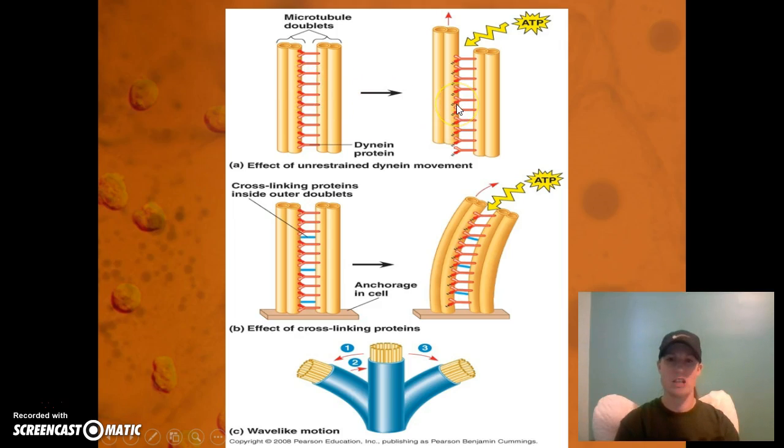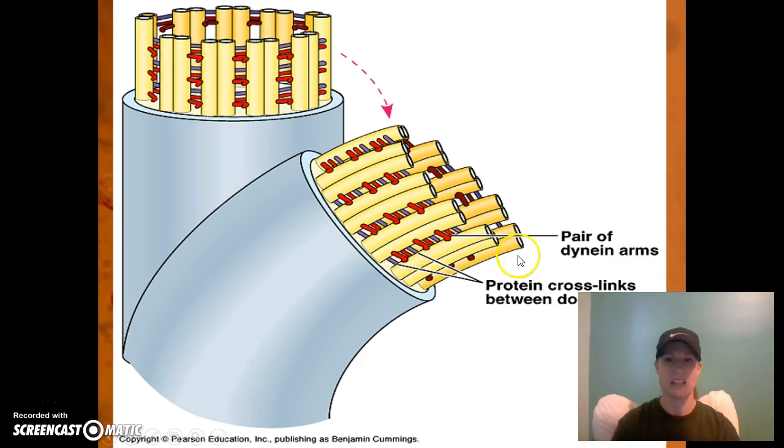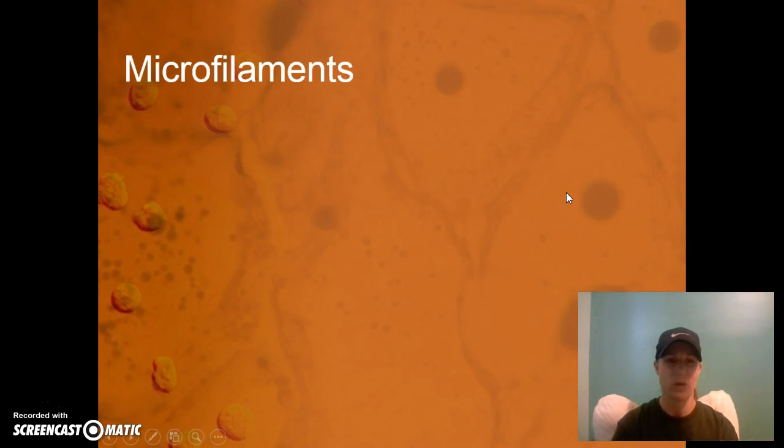One is going to pick up while the other one stays attached and then move. Yes, this takes ATP. This takes energy for this to occur. All right. And so we can see how this walking movement causes the flagella or the cilia to bend and go back and forth. And that's the purpose that we see. And there we also see the pair of dynein arms. And then there are crosslinks between the doublets so that the ring structure stays intact as well.